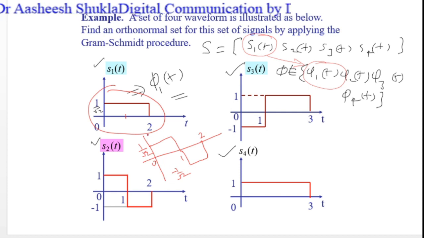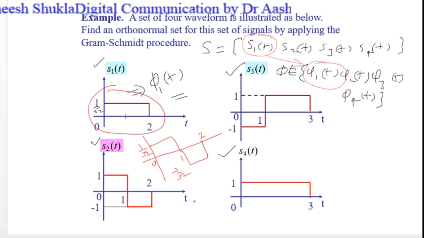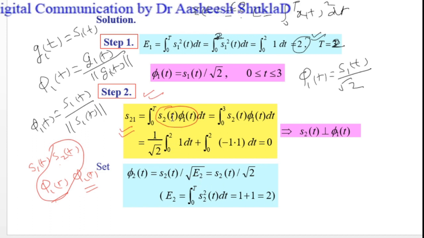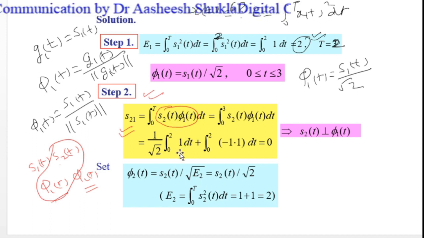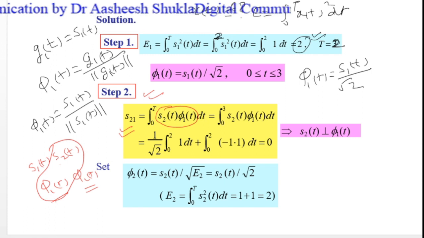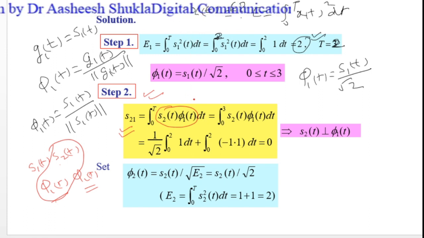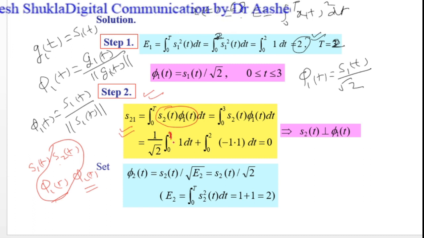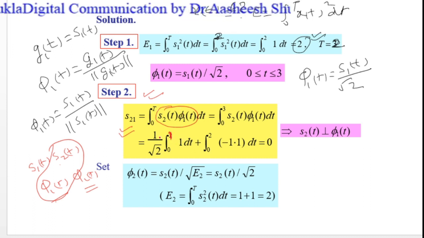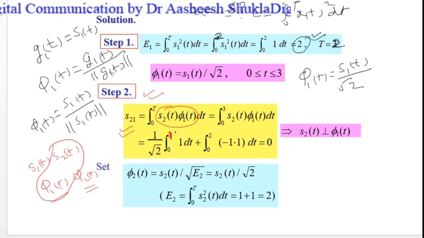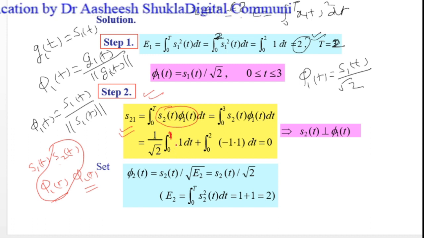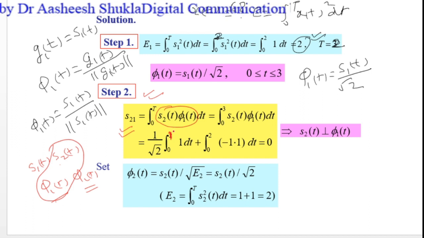Now we can simply solve the integration of S2t into phi 1t. We can break the integration into two limits, from 0 to 1 and 1 to 2. The value of S2t into phi 1t in that waveform is basically 1 by root 2 from 0 to 1, right?